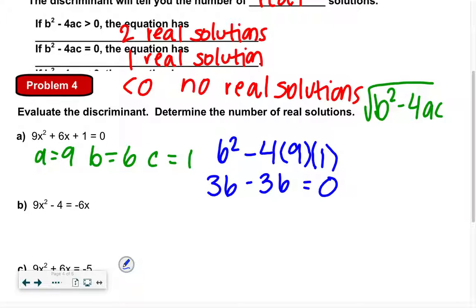One. There's going to be one solution. Right now, we're only talking about how many solutions there are. Okay, questions there?